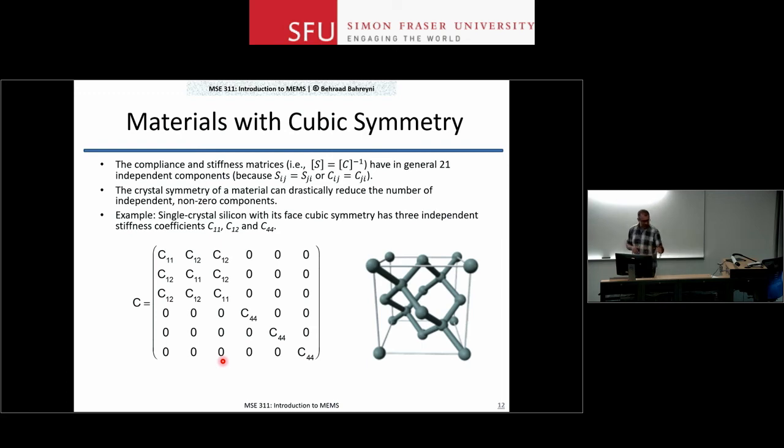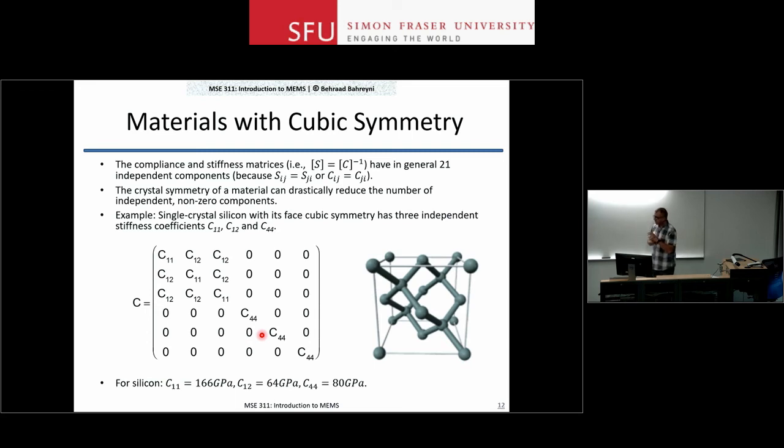So in the case of a diamond-like structure, you only have 3 independent variables: C11, C12, and C44. C44 is for shear stresses and strains, and C11 and C12 relate the normal stresses to each other. And for silicon, the values are as shown here.